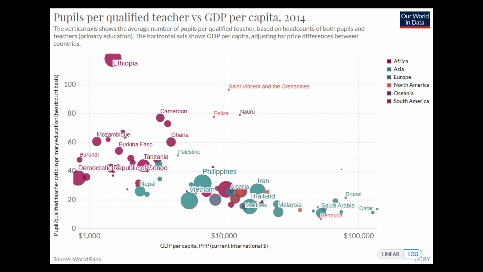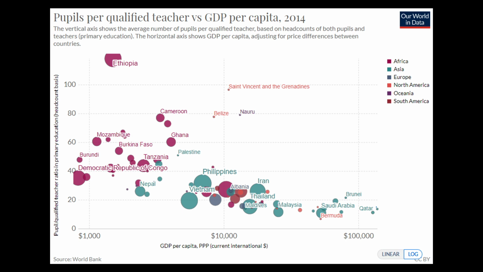If I'm looking at the trend, it's not exactly linear. It's a non-linear association. And what I'm seeing is that as the gross domestic product per capita of the country increases, the number of students in each class decreases. So this is a negative nonlinear association.